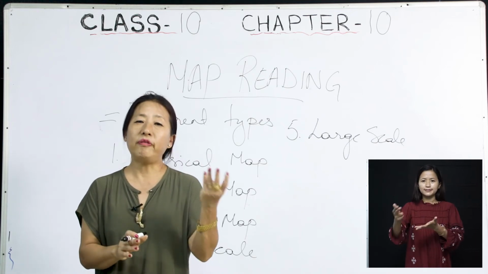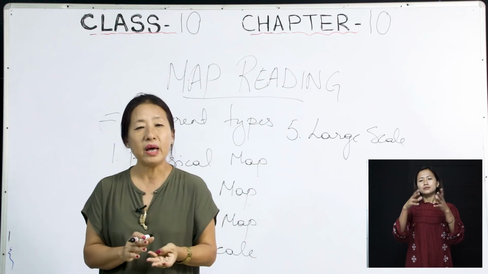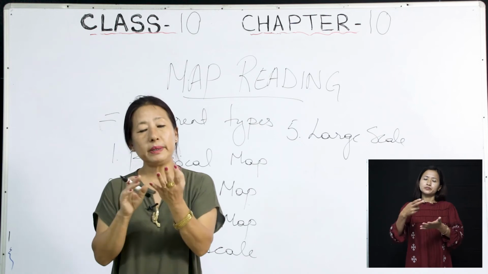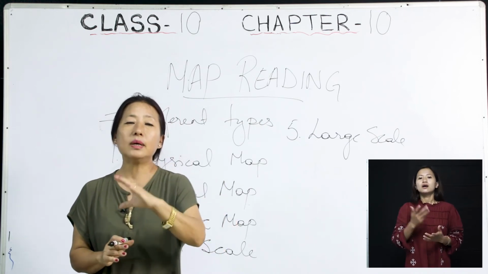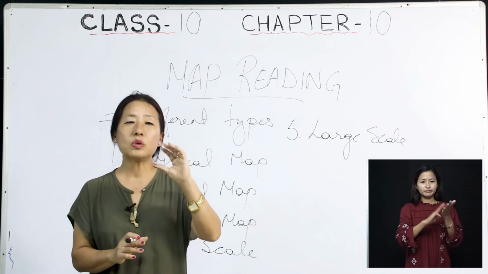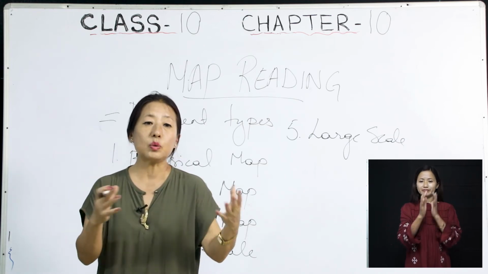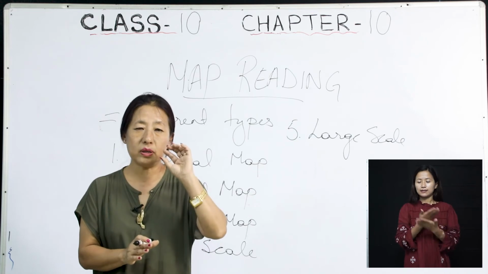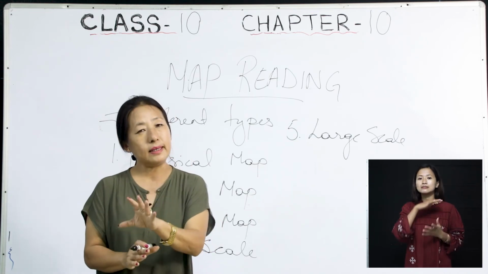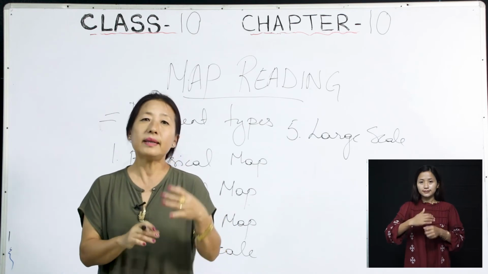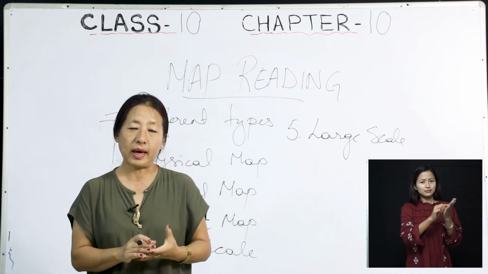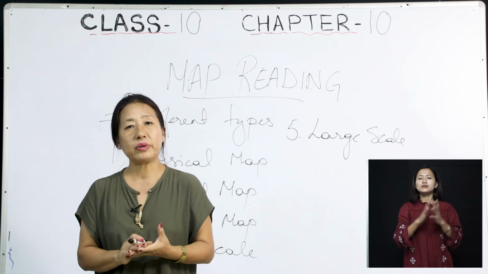So this is how in the map we use conventional signs in order to indicate things. If it is blue, that indicates the water bodies. If it is green, then it indicates forest or agricultural field.